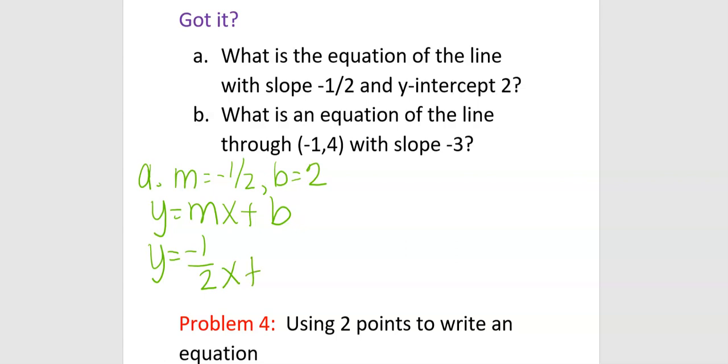And the 2 goes in for b. That's it. If you could just write that, given that information, just write it. There's not really much you can show other than that you just plugged them in. So second one, I have a point and a slope, so we're using a different equation for this one.